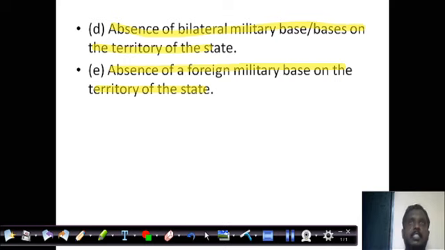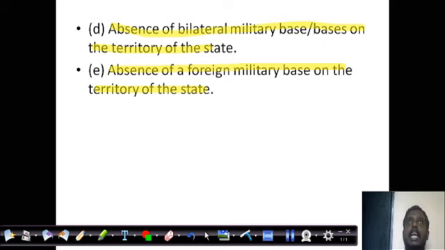Even now there are many US military bases in the Gulf. This is predominantly because they keep them in such a way that if there are any issues in West Asia, they can operate suddenly from those military bases. So the non-alignment movement also tried to curb these kinds of military bases on the territory of states.